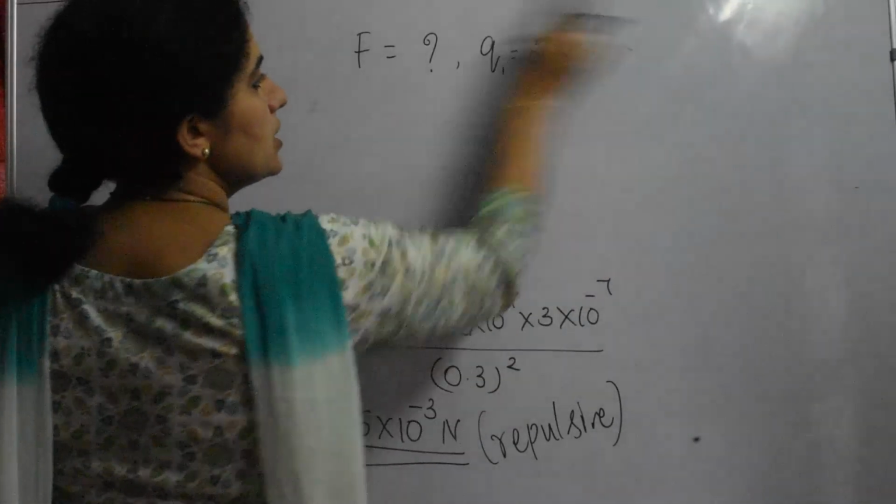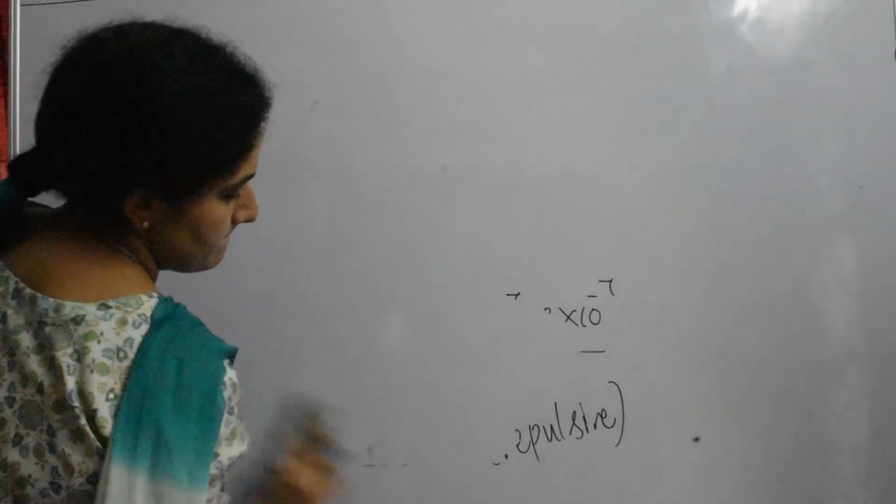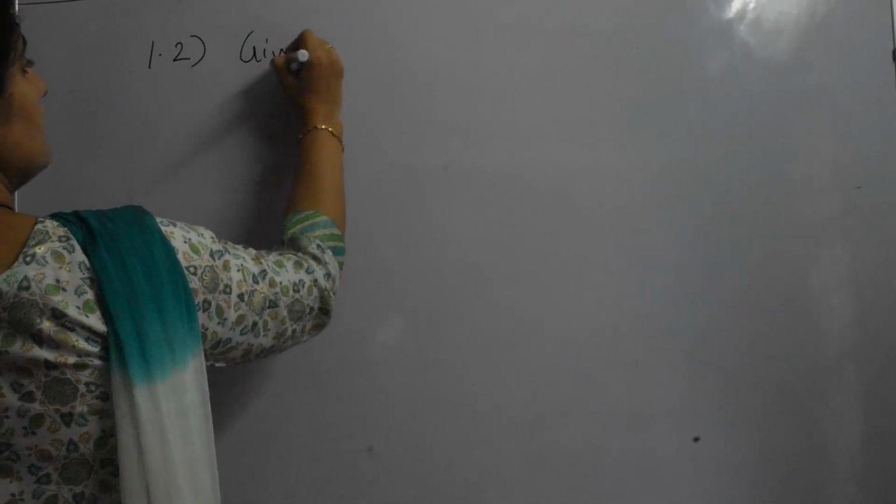Exercise 1.2. The electrostatic force on a small sphere of charge 0.4 microcoulomb. So what is the data given?